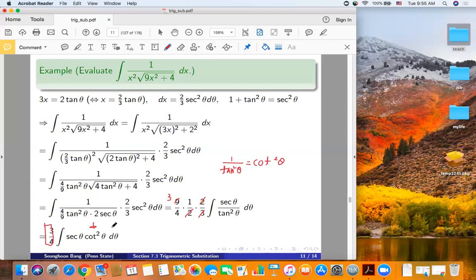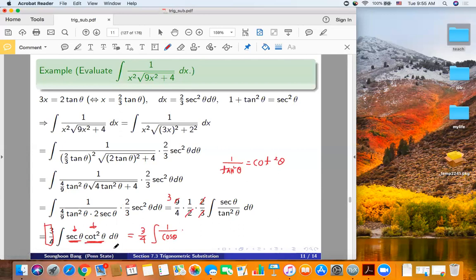You can change it. So far, it is not easy to solve this problem. I want to change it to sine and cosine. What is the identity of secant theta using sine and cosine? Do you remember? What is secant theta? What do you think? You're right. 3 over 4 integral 1 over cosine theta. Do you remember the identity of cotangent theta?